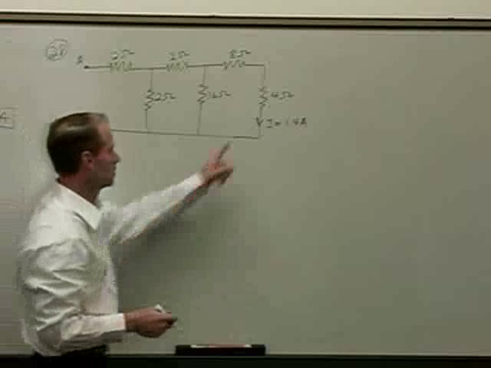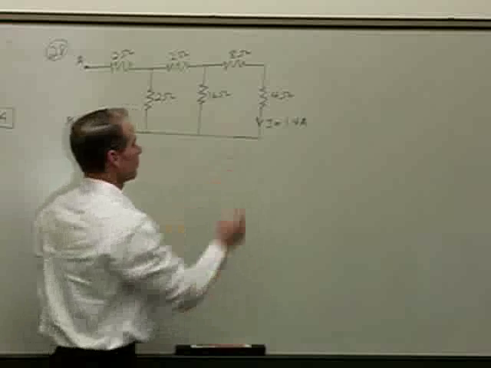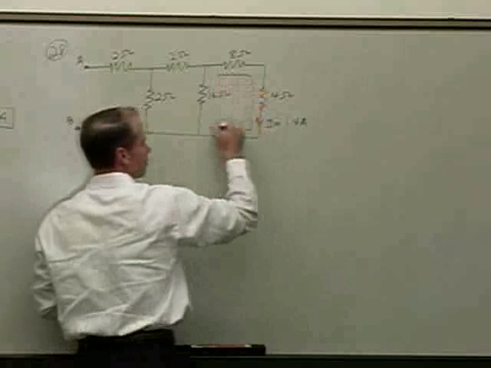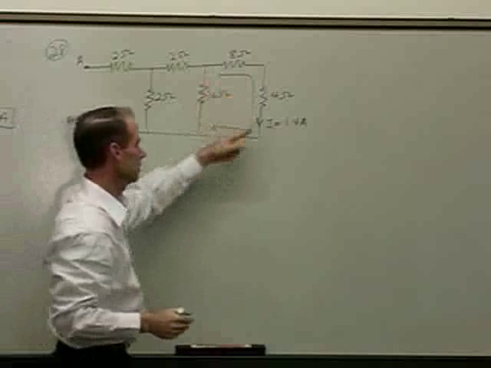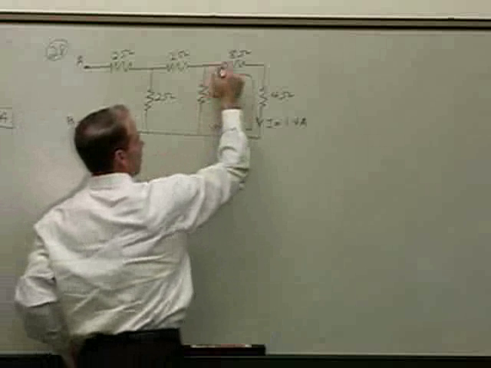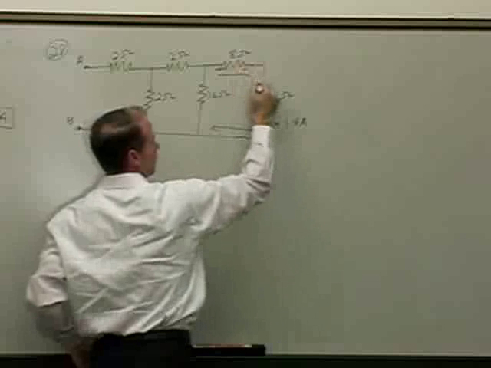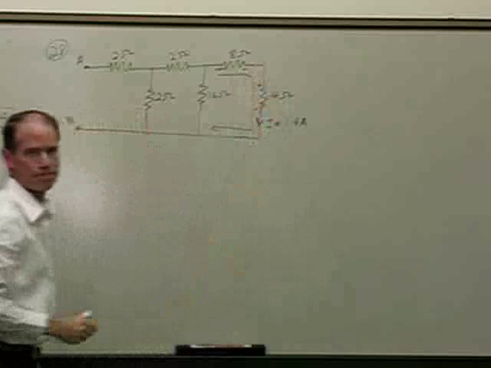Okay, so since this current is flowing in this branch, it's really flowing around this branch like this. And so with that direction of this current, I can mark these resistors plus and minus like that.